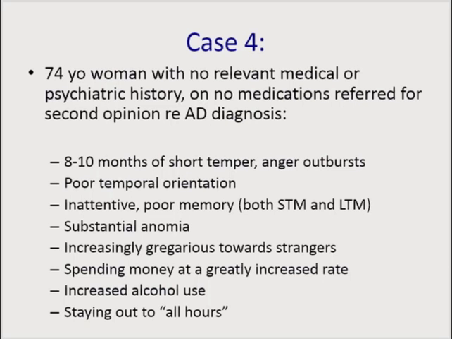Accompanying these memory changes were short temper, anger outbursts, and some somewhat risky behaviors. She was increasingly gregarious. She was spending money at a greatly increased rate. She was drinking more, and she was staying out to all hours. So this was an exaggeration of her otherwise colorful personality, and the family was quite concerned.